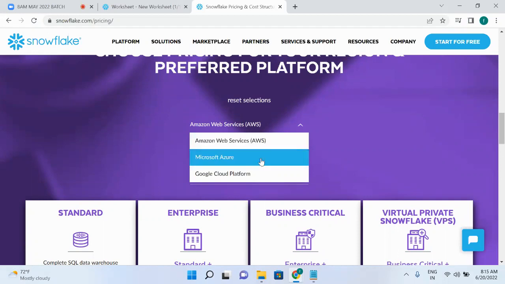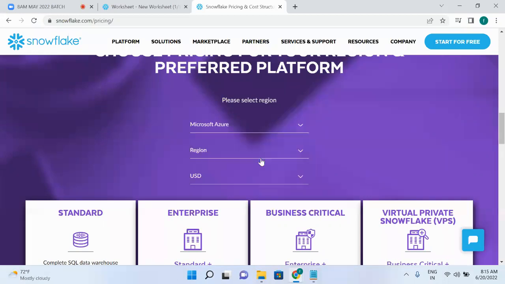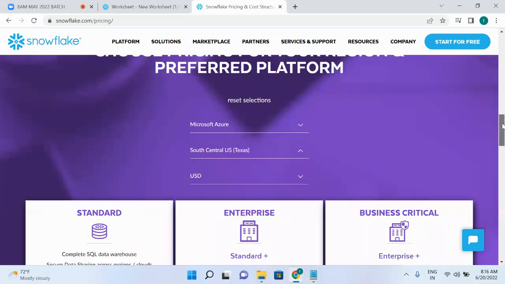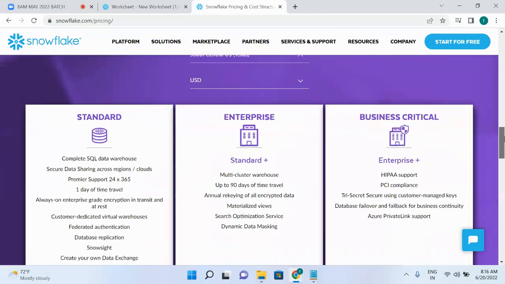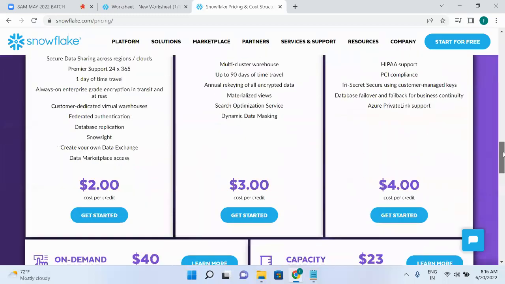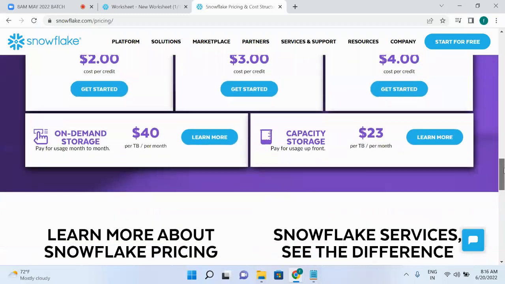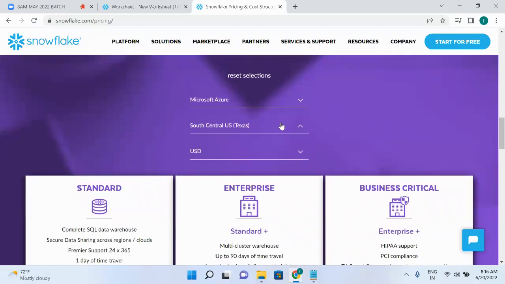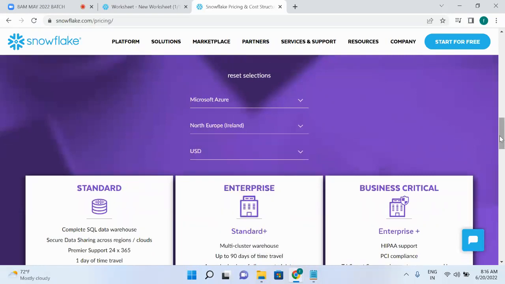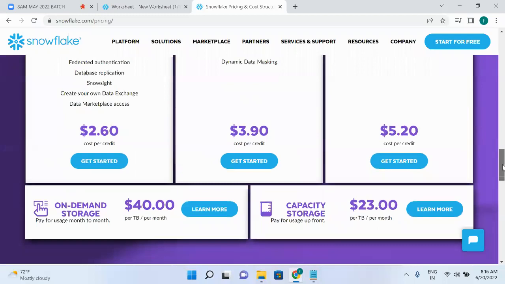Now if I change this platform to Azure, and then select any one region, observe this: in this particular region they are not supporting Virtual Private Snowflake, only these regions we have, and these are the charges. And come to another region, observe the charges, right?